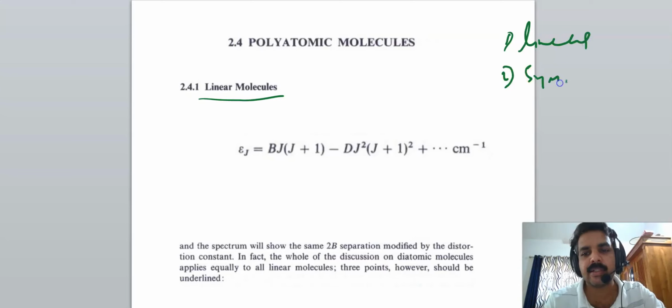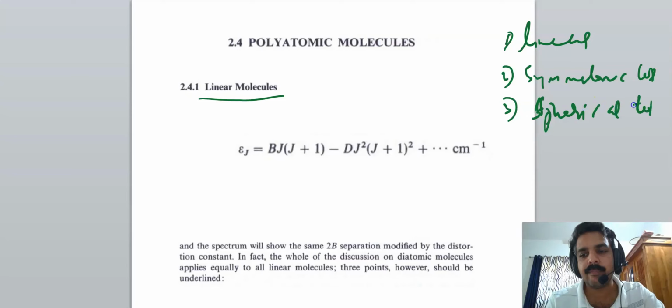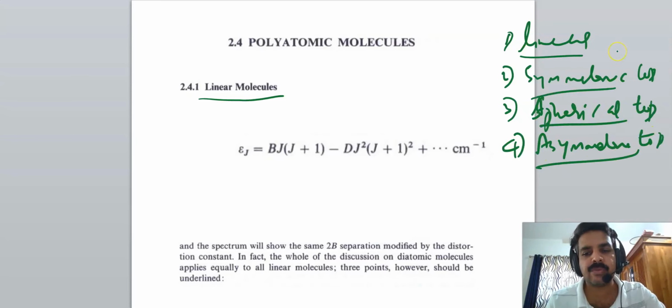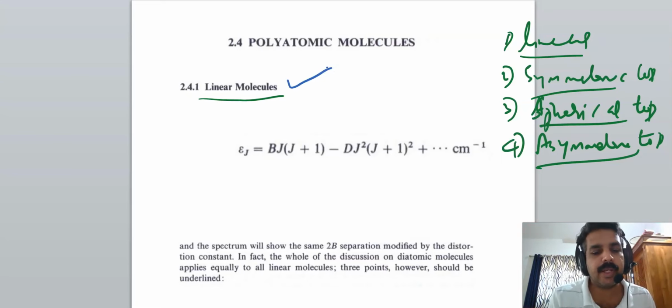The second one is the symmetric top molecule. The third one is the spherical top molecule, and the fourth one is the asymmetric top. We want to discuss all of these types of molecules, and first is the linear molecule.